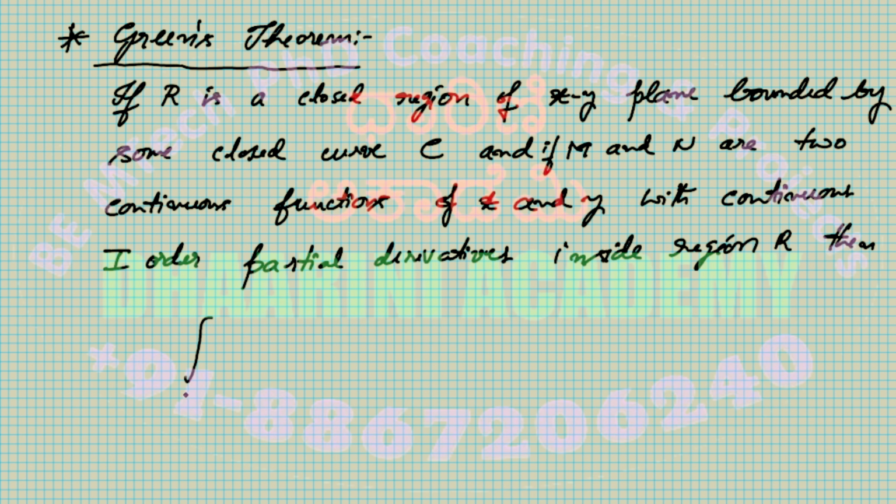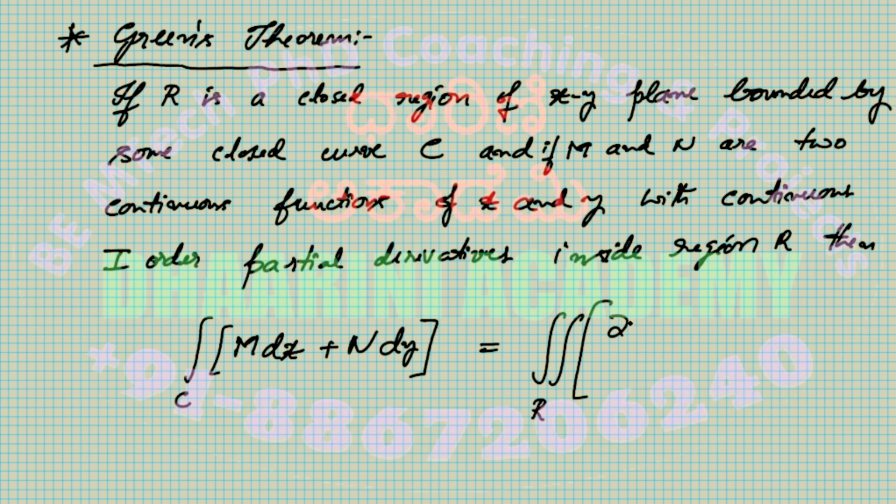integral over C of M dx plus N dy is equal to the double integral over the region R of dou N by dou x minus dou M by dou y dx dy.